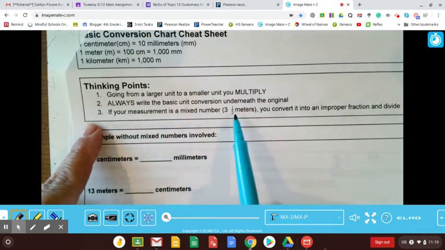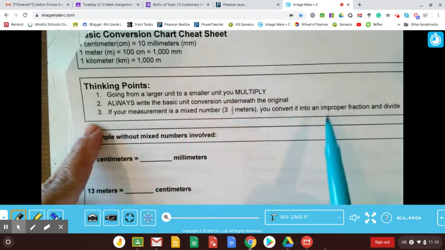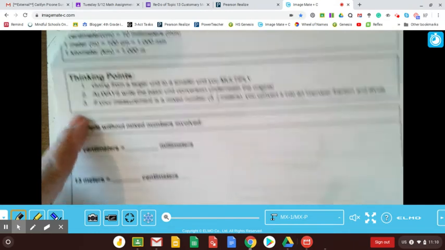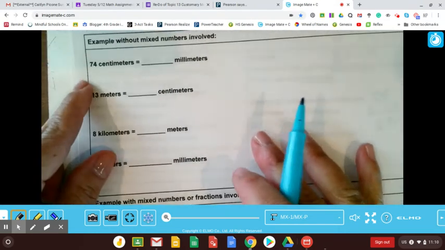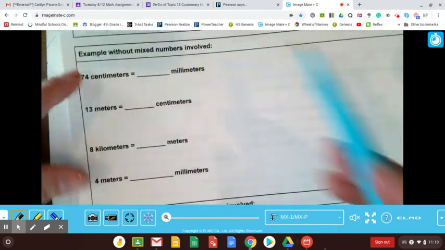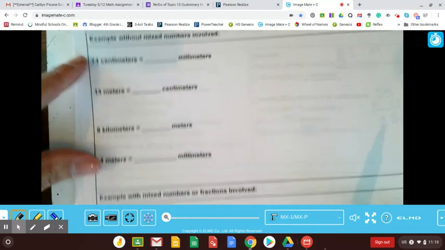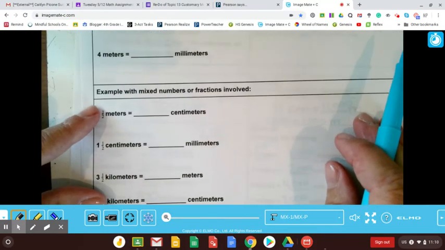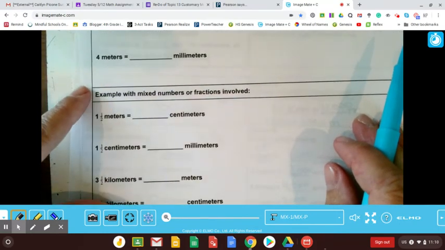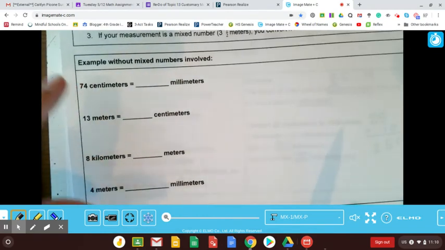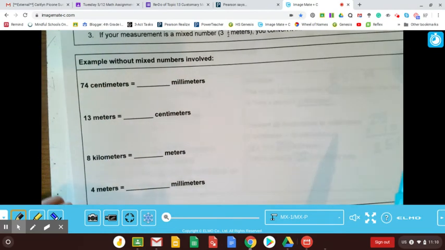And if your measurement is a mixed number, you need to first convert it to an improper fraction before you're doing your work. So here are some examples without mixed numbers. Then you have some examples with mixed numbers. If I were you right now, I would pause this video, go ahead and try these, do the work yourself, and then you can unpause it and come back for the answers.